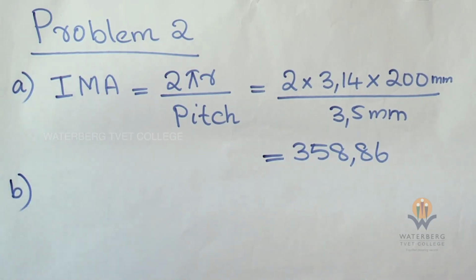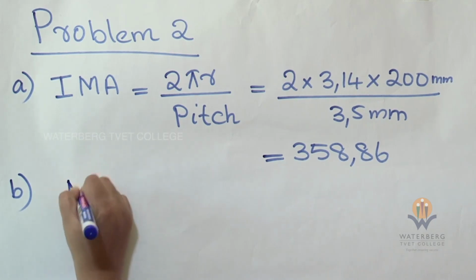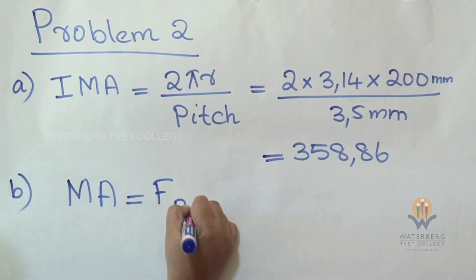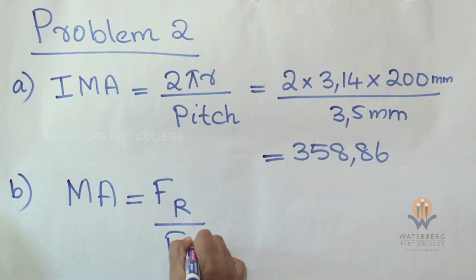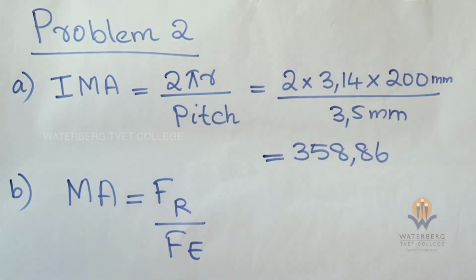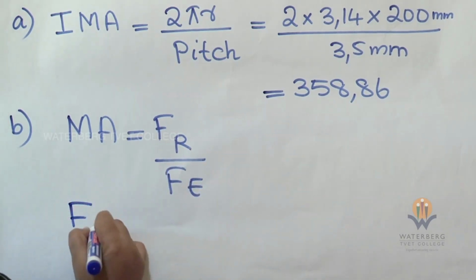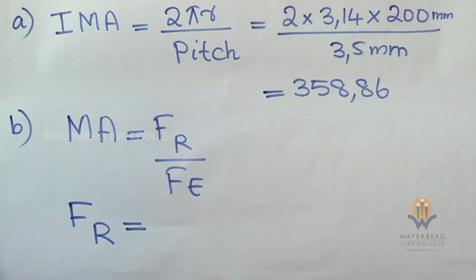Moving on to the second one, the question says calculate the load that can be lifted if an effort force of 150 Newton is applied. So we want to calculate the load force, or the resistance force. We know that mechanical advantage is Fr over Fe. We want to calculate the load, that is Fr.